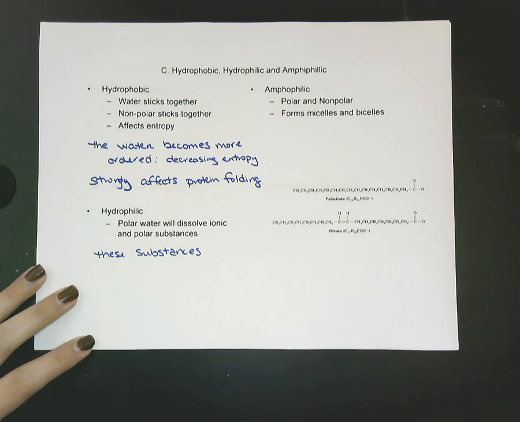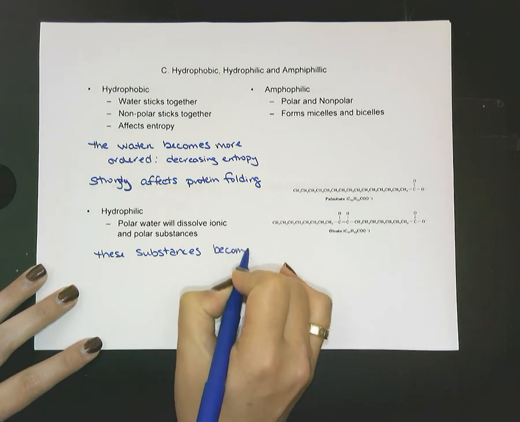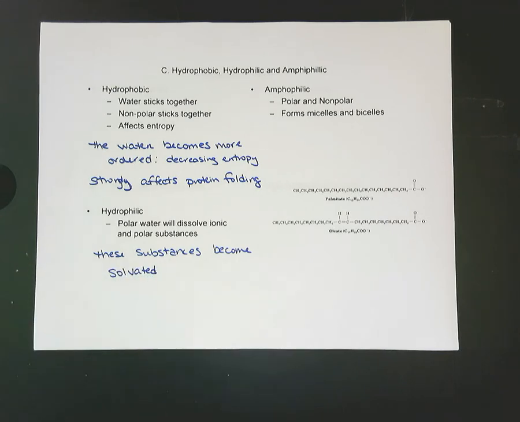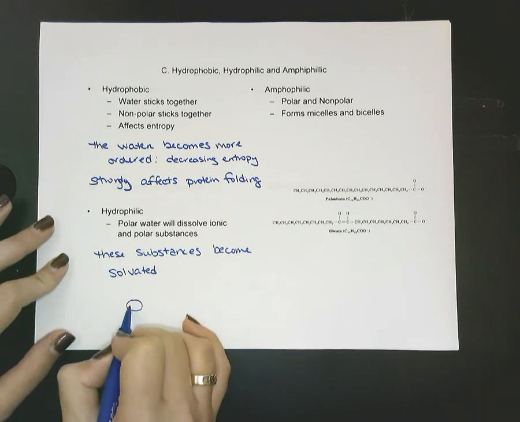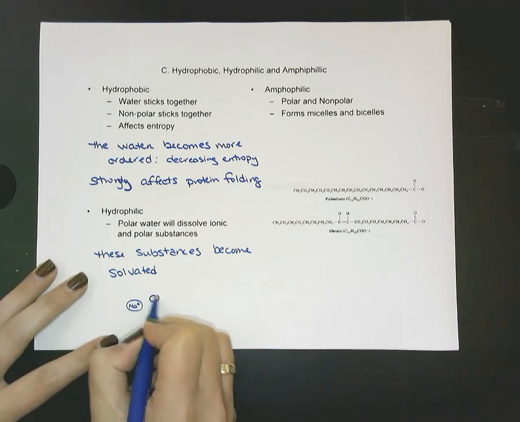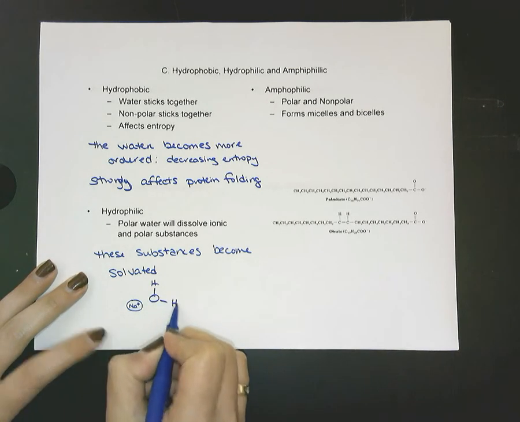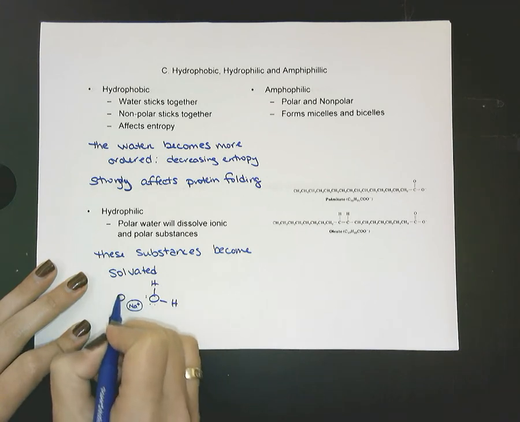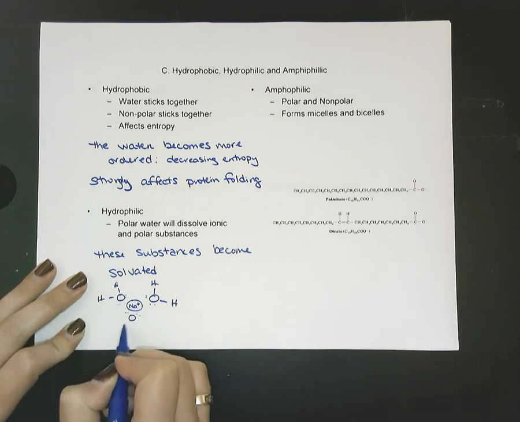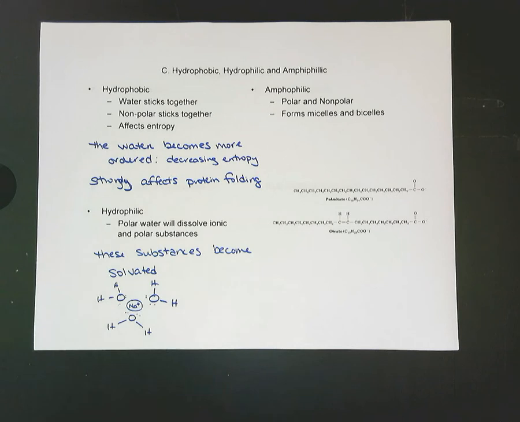So then these substances become what we call solvated, which means that the individual molecule, whatever it is, we'll say Na+, now has a big old bunch of water surrounding it, that helps transport it from one place to another. So it's like being dissolved in a very specific sense.